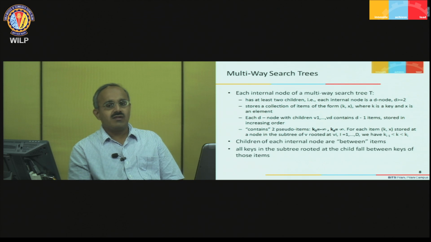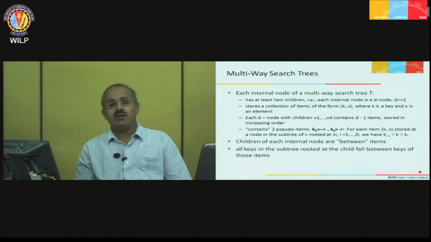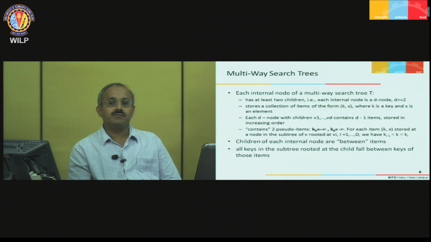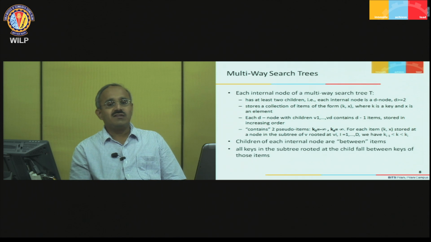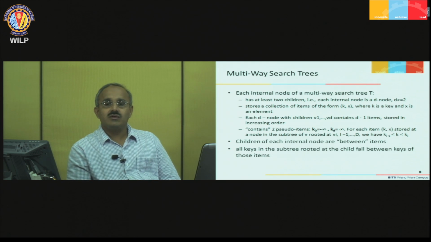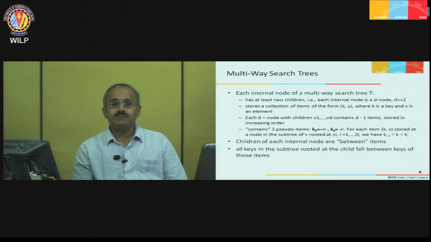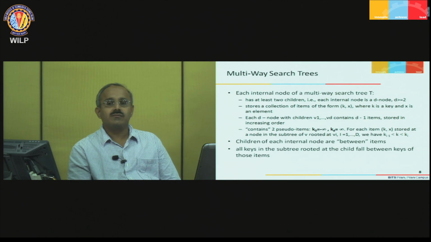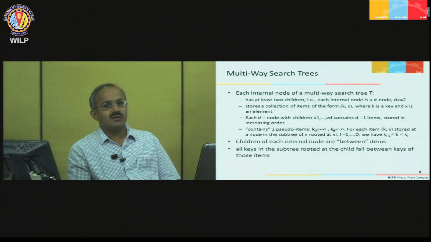So, when we say an internal node is a D node, it would mean it has D children. Now, rather than storing a single key, it stores a collection of keys, which is going to be of the form k x, where k is the key and x is an element.